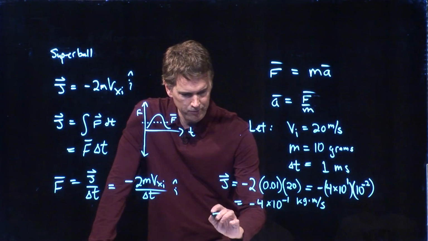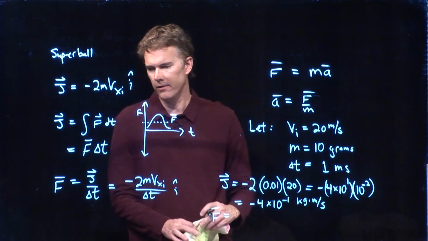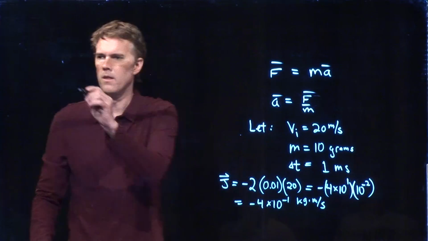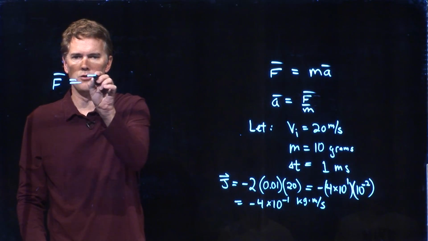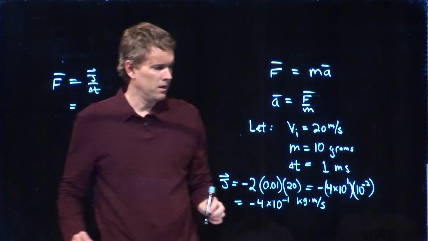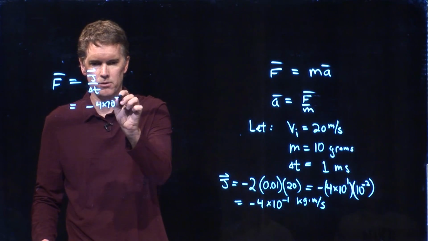All right, what is F bar? F bar is J over delta T. Let's go up here and do this. F bar is J over delta T. And J we just said was that, negative 4 times 10 to the minus 1.